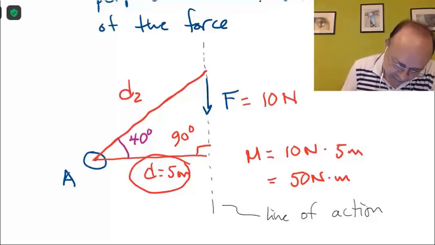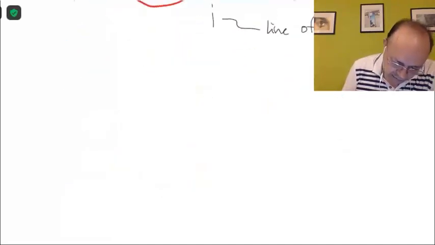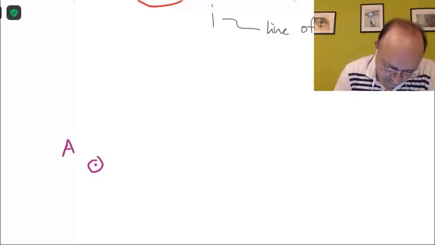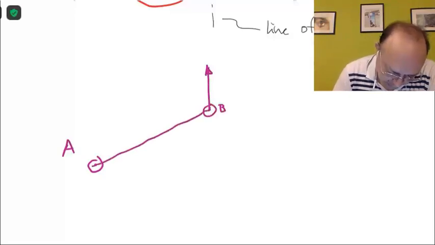Let's try a different example. Let's say we have here our point A. We have a force going up like this, and we have this point B here, and we have this distance here. Let's say D equals 5 meters.